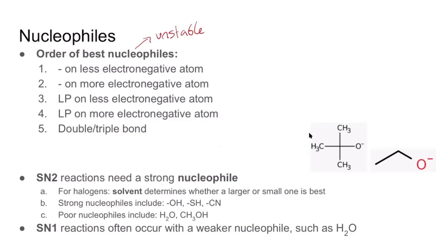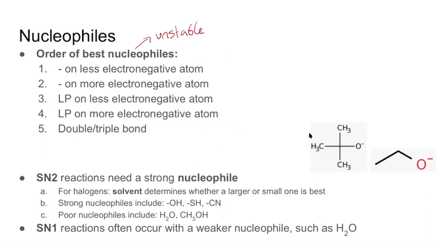I definitely recommend trying to keep this list in mind because there will be a lot of questions in Chem 3570 probably where you have to rank nucleophiles from best to worst. So we'll go through and discuss these briefly. Our very best type of nucleophile is when you have a negative charge on a less electronegative atom.